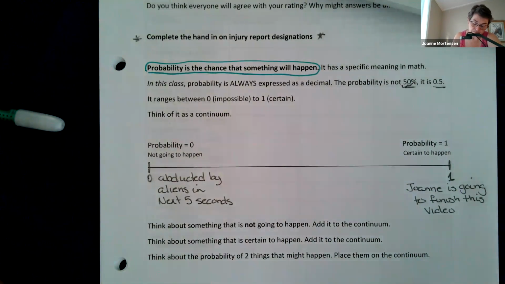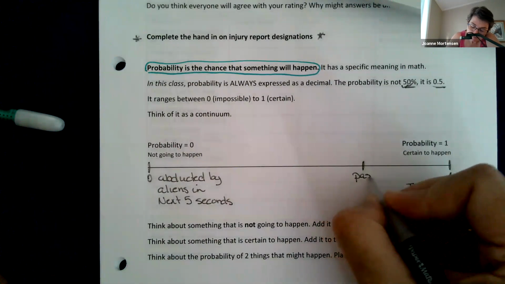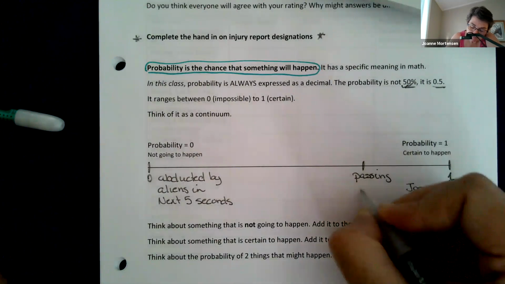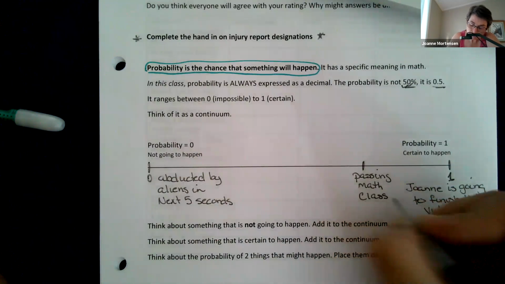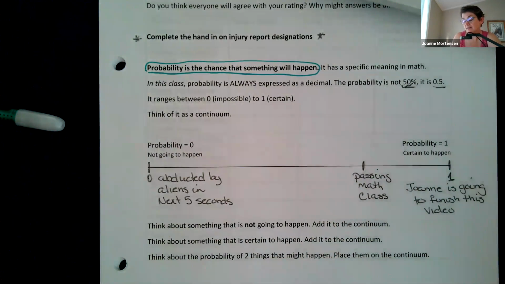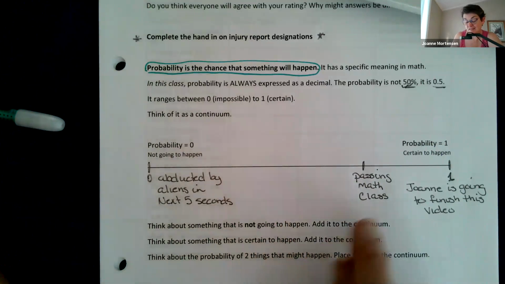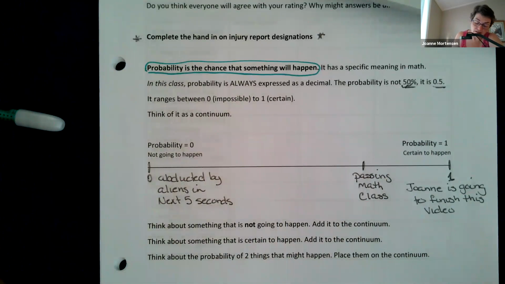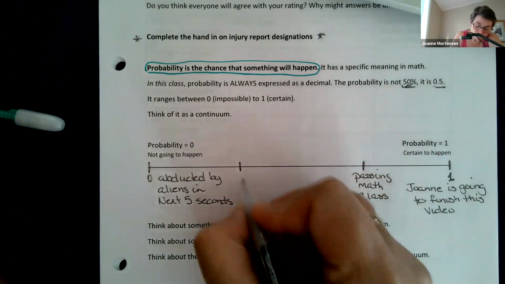All right. Now think about 2 things that might happen and put them on the continuum. So how about that? I'm thinking like there's 50%. It's a good chance y'all are going to pass the math class. Something that's probably not going to happen. And you can put in whatever you want.